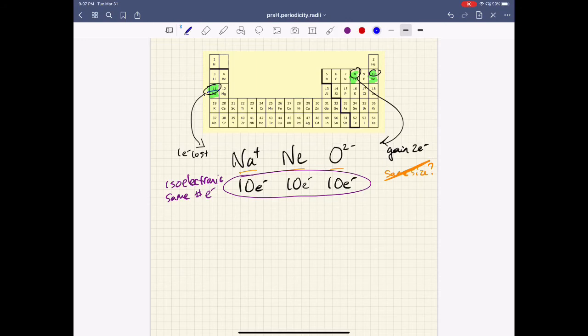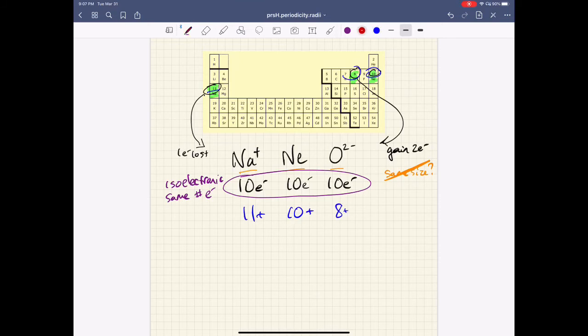You can see again from the periodic table that sodium ion has 11 protons, neon has 10 protons, and the oxygen has only 8 protons.